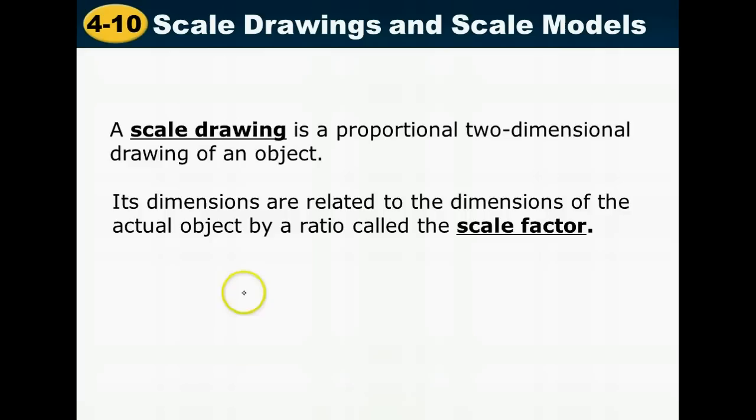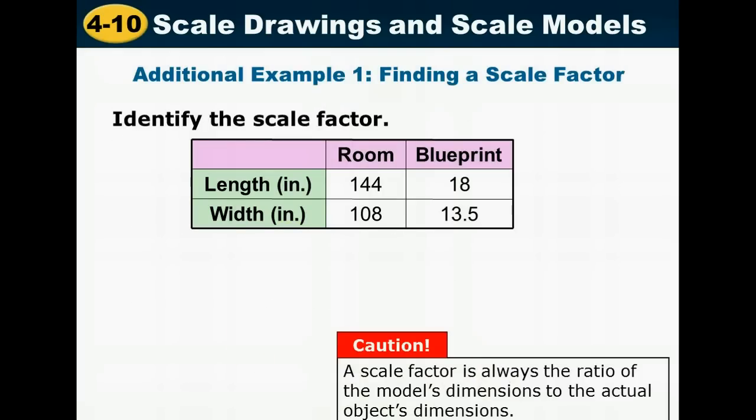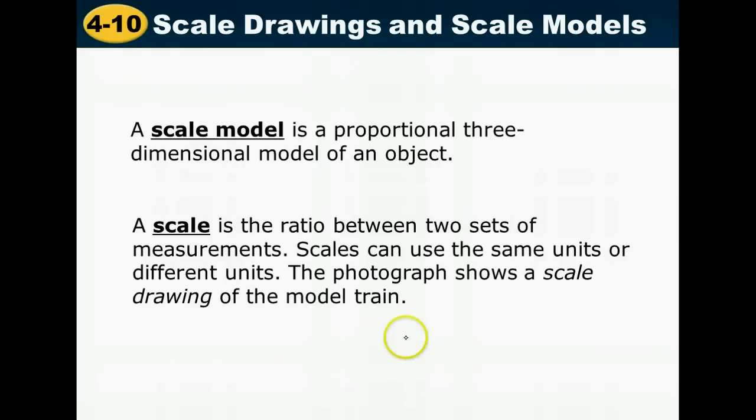A blueprint will be a 2D. So those guys will be called scale drawing. Now, scale model will be a 3D shape. Okay, and then the scale is the same as scale factor. That's the number that was used to either reduce or enlarge the objects.